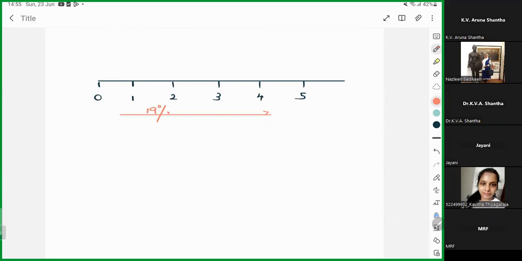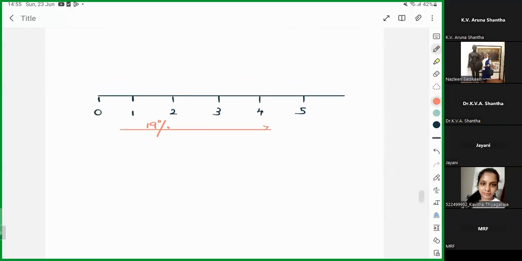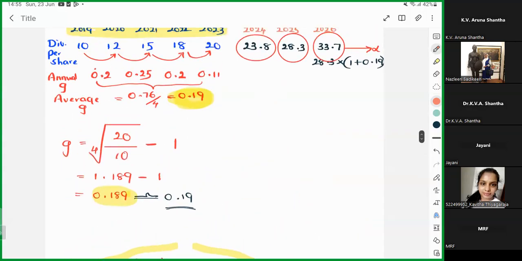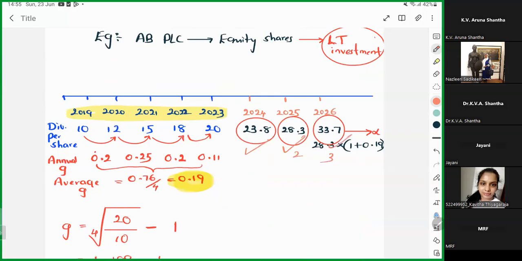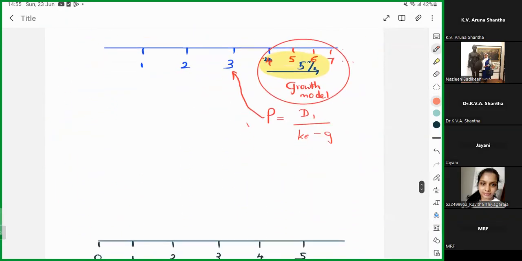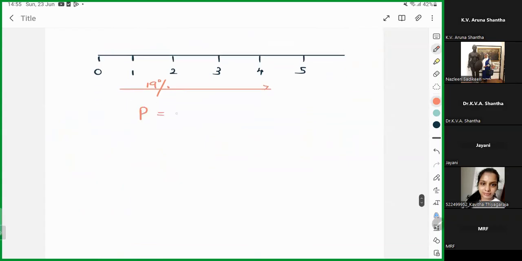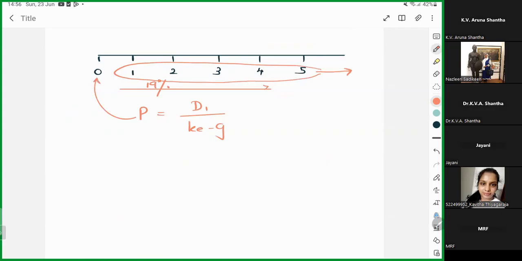First year means next year, second year means in 2 years' time: next year 2024, then 2025, the second year, third year 2026. So 19% dividend growth is assumed from the first year onwards. Then you apply the growth model, P equals D1 divided by Ke minus g, for the dividends from the first year onwards. Then you get the P value now, the value now.